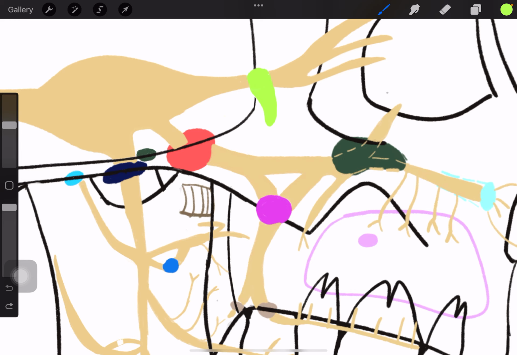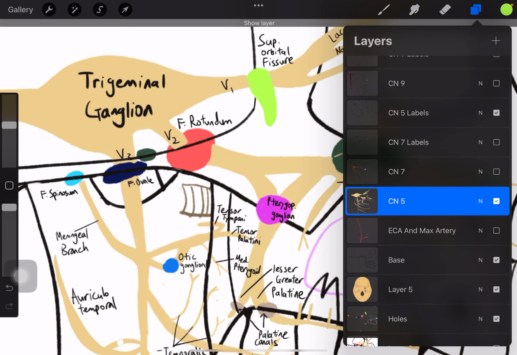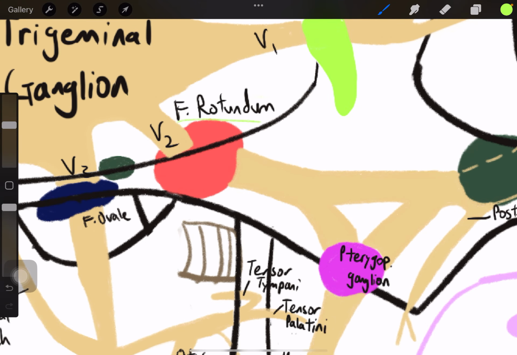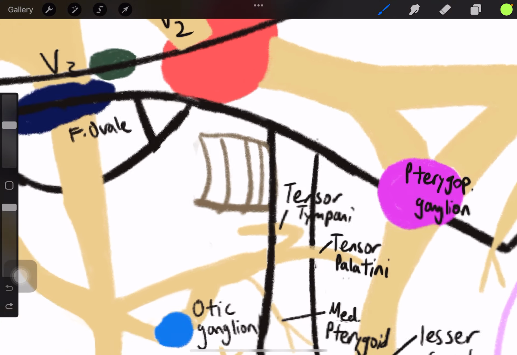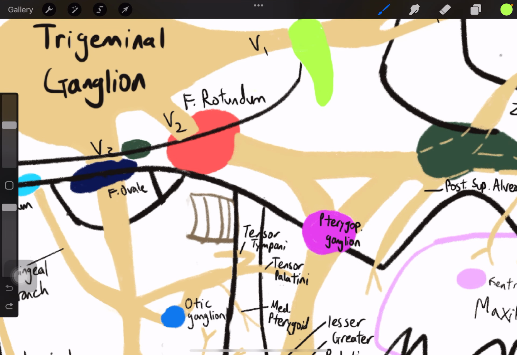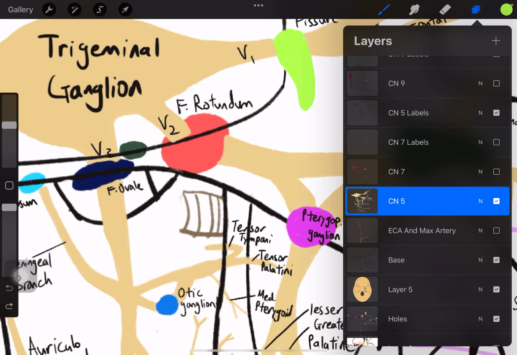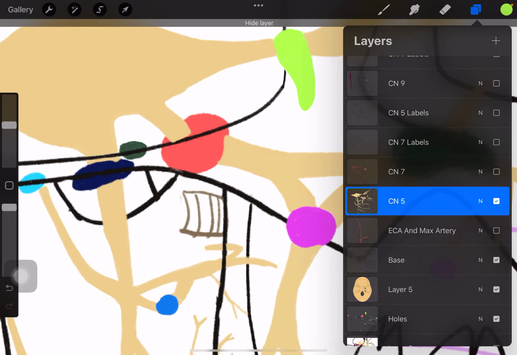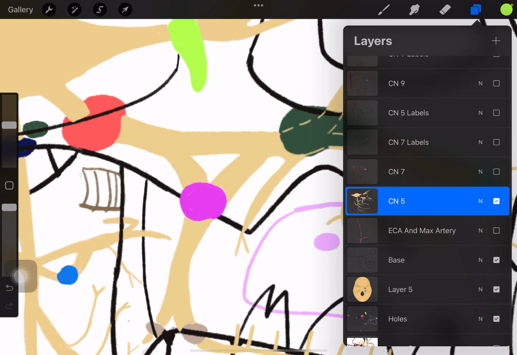As for the posterior connections, there will be 3. I've only drawn 2 of them, so if I turn on the labels, foramen rotundum is one, and the second one is the pterygoid canal. It's not labeled in my cranial 5 diagram. It'll be in the cranial 7 diagram. Anyway, continuing, just take a look at the branches we have.